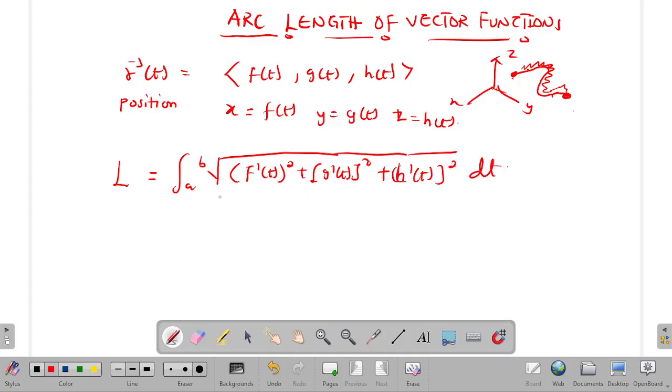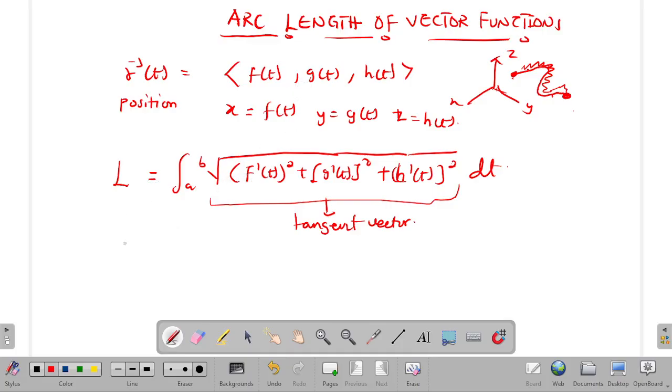So this whole term here, remember, in our previous lesson, represents the length of the tangent vector, representing the rate of change of our function. Multiplying by time will give us a distance, L. That is the whole idea.